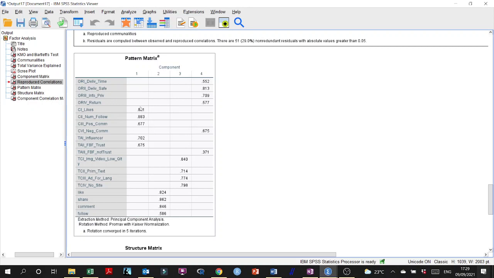So having this said, I am going to think about putting all these 1, 2, and these all together under effective trust.